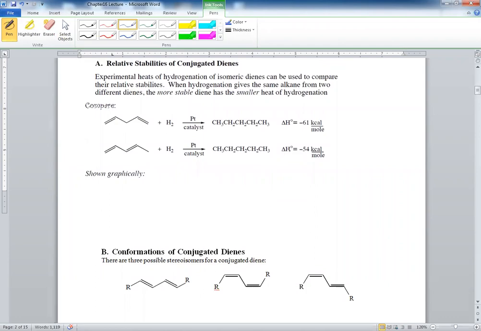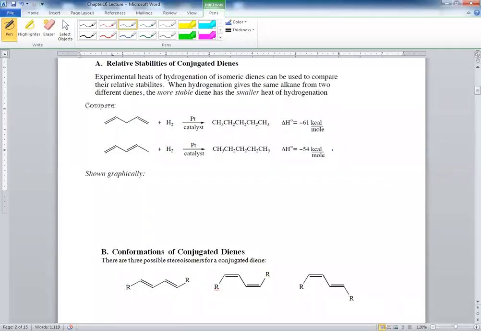Now, to bring us to the last thing we needed to mention about conjugated dienes: you can have conjugated dienes, but not all dienes are conjugated. You can have what we call isolated dienes.